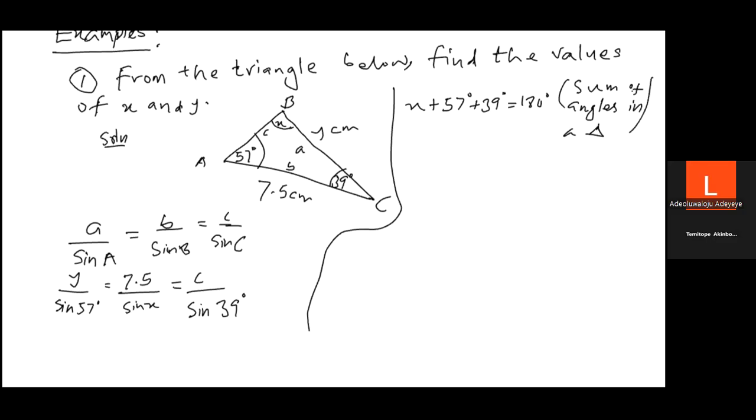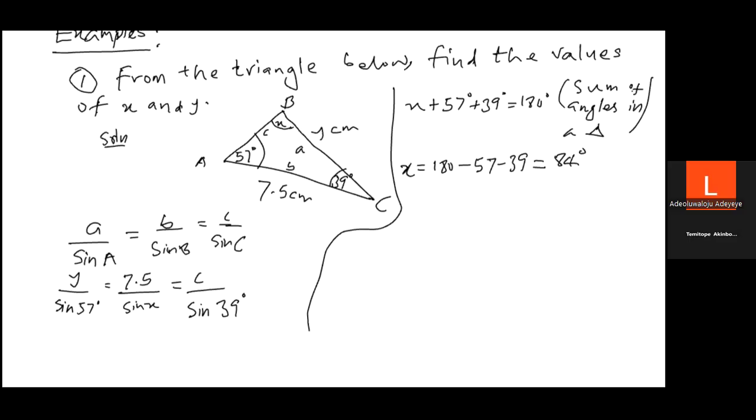So x will now be 180 minus 57 minus 39. Is that clear? Yes, sir. Press your calculator for that. 180 minus 57 minus 39 should be 84. So x is 84 degrees. Is that clear?